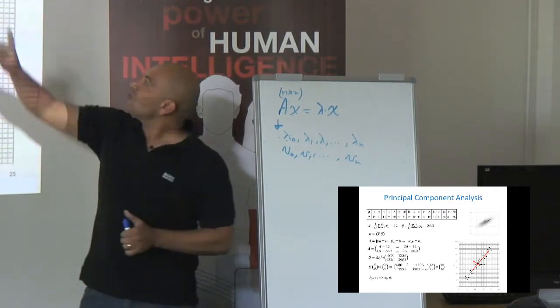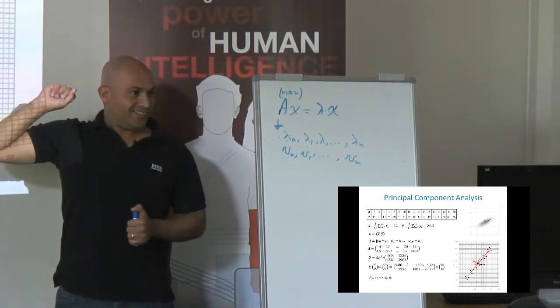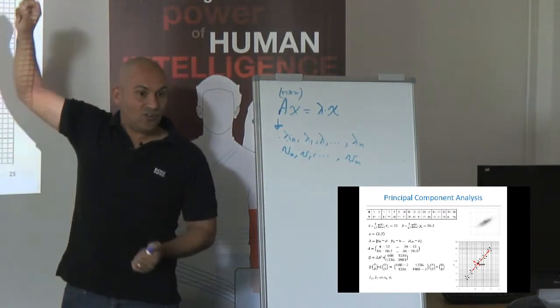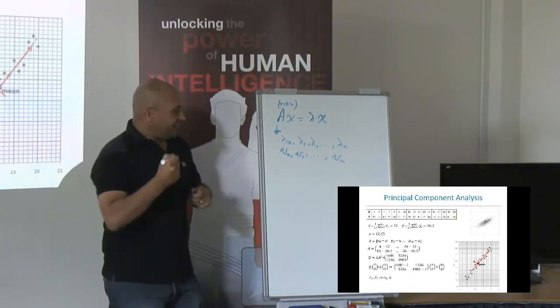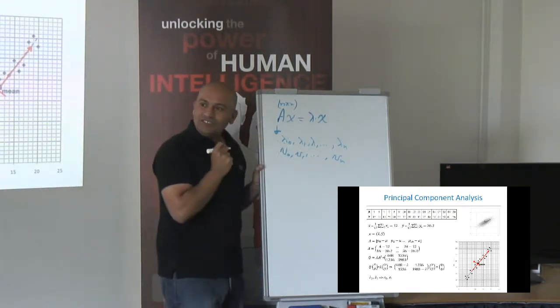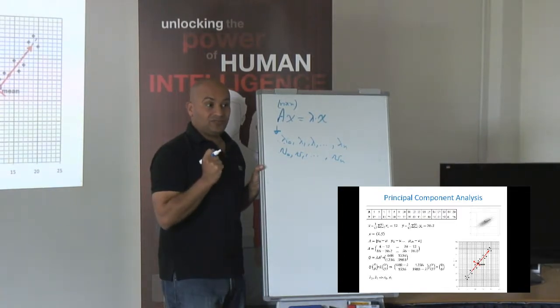How do we know which one is the longer vector and which is the smaller vector? The eigenvalues are very important, their value.